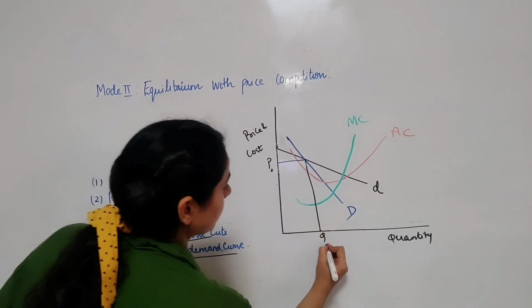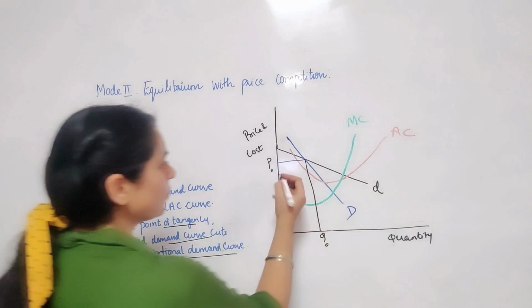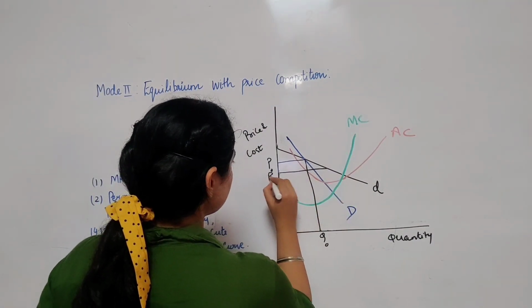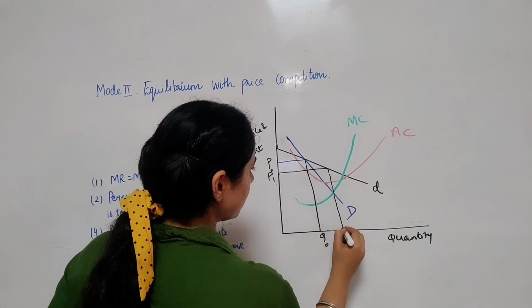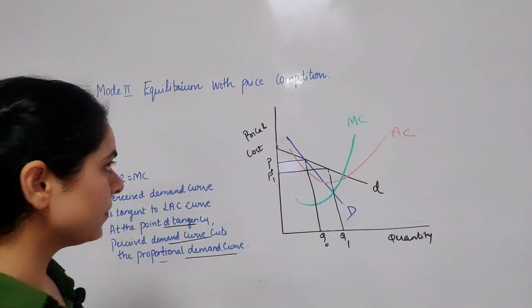producing a quantity of Q naught, and the firm decides to reduce the price of the product in order to increase its sales. So the firm reduces the price to P1 in order to achieve a sales of Q1, but that won't happen.